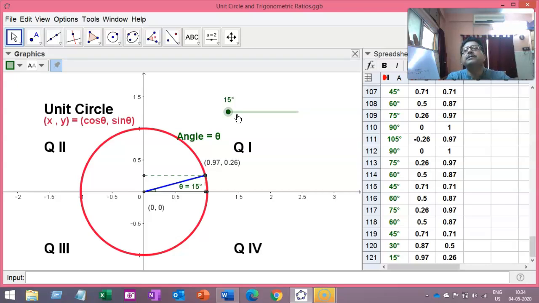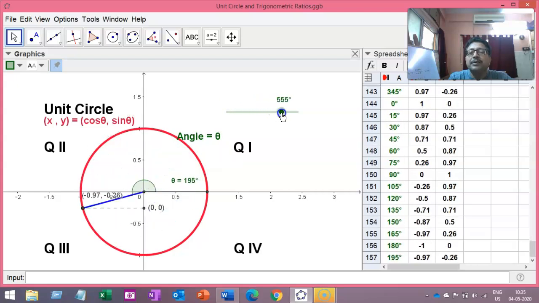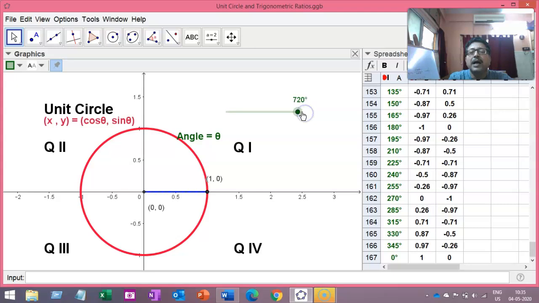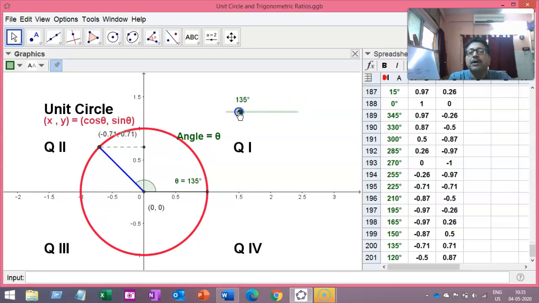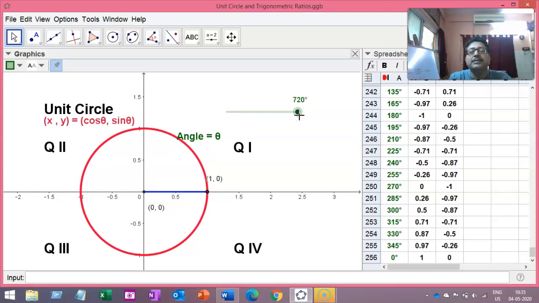The concept of a positive angle is that the initial line should rotate in the anti-clockwise sense, and here I have fixed the slider so that it rotates in the anti-clockwise sense only. I have set it from 0 to 720 degrees, so it can measure all the angles between 0 and 720 degrees.